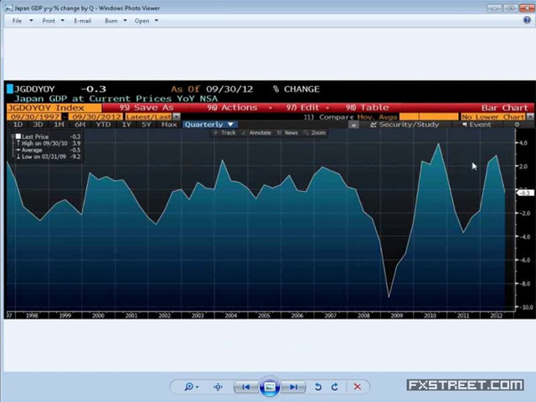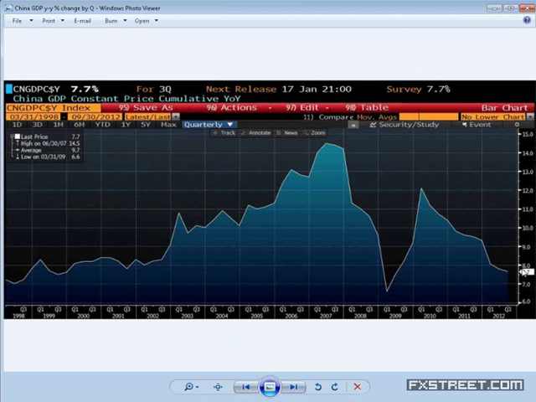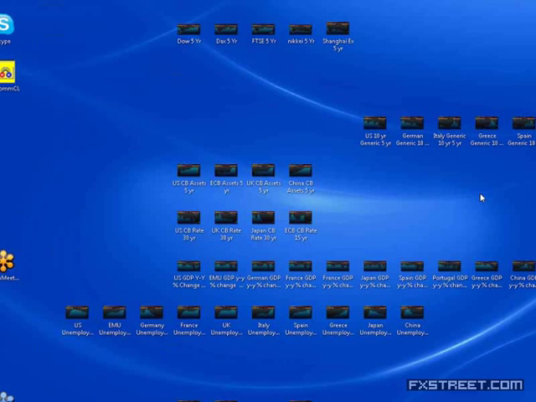This Japanese growth actually looks more like the U.S. than anything else. And of course there's China. The chart has the same form. However, the Chinese chart bottoms out at 7.7 and is far above 0, but it looks the same. So you can see the correlation, which everybody knows and expects, between the world's national economies.